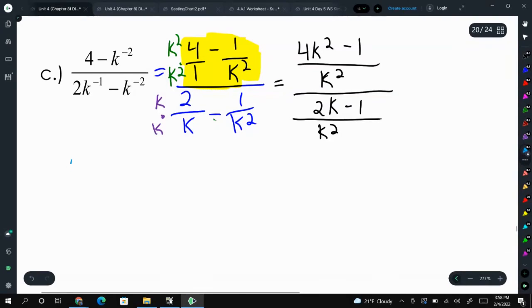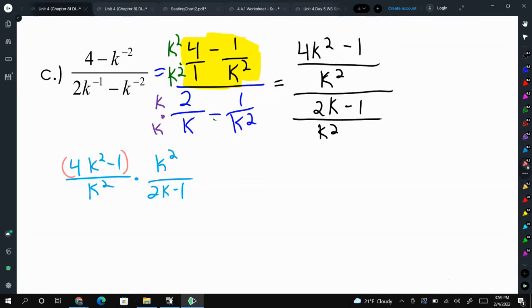So now we can write 4k squared minus 1 over k squared times k squared over 2k minus 1. Before we cross things off, let's factor this, because that is a difference of 2 squares.